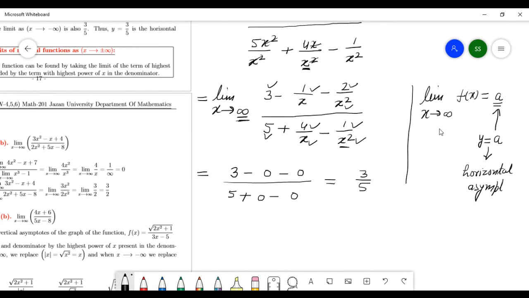So here, limit x goes to infinity, the function goes to 3 by 5. So this line y equals 3 by 5 is a horizontal asymptote.